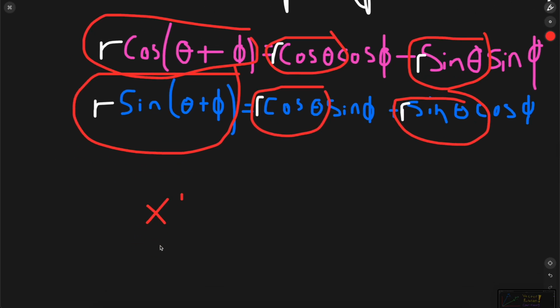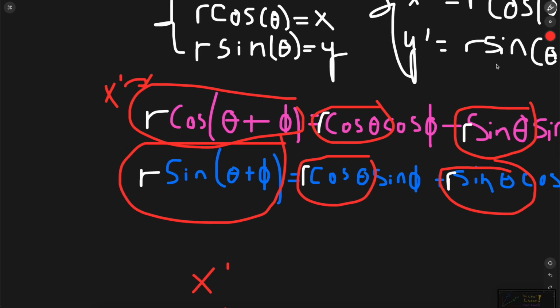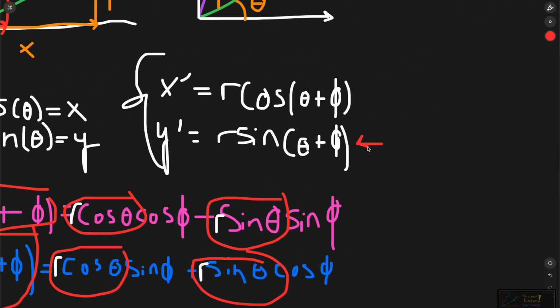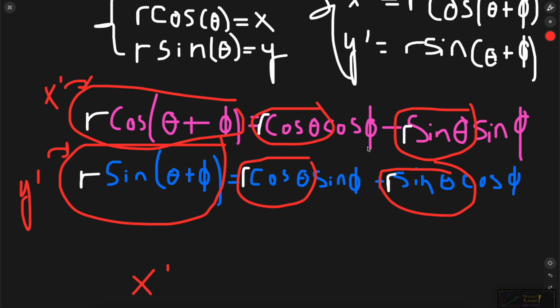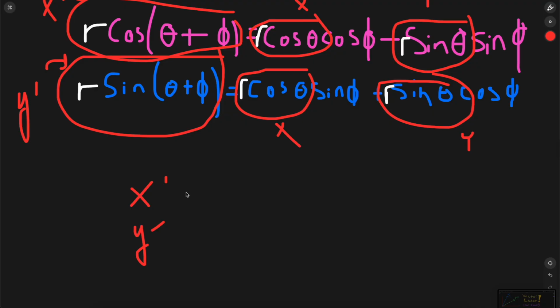X prime, y prime, right? This is x prime right here. I hope you can see that, because that's what we defined up here. Y prime, I again hope that you can see that, because right here, what's our cosine of theta? That's x, and x, and y, and y. Isn't this so cool, guys? Oh my goodness gracious.